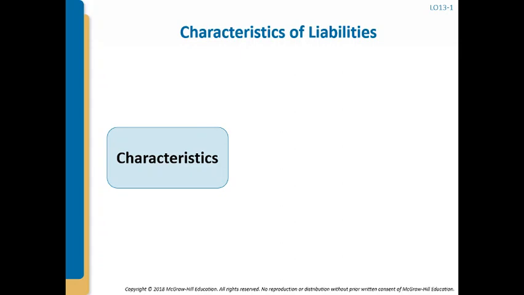Also, the liability doesn't have to be represented by an agreement, nor does it have to be legally enforceable, although usually it is. And you might not even know the precise timing of repayment, such as when you have a contingent liability that seems to be probable, and you can estimate the amount.